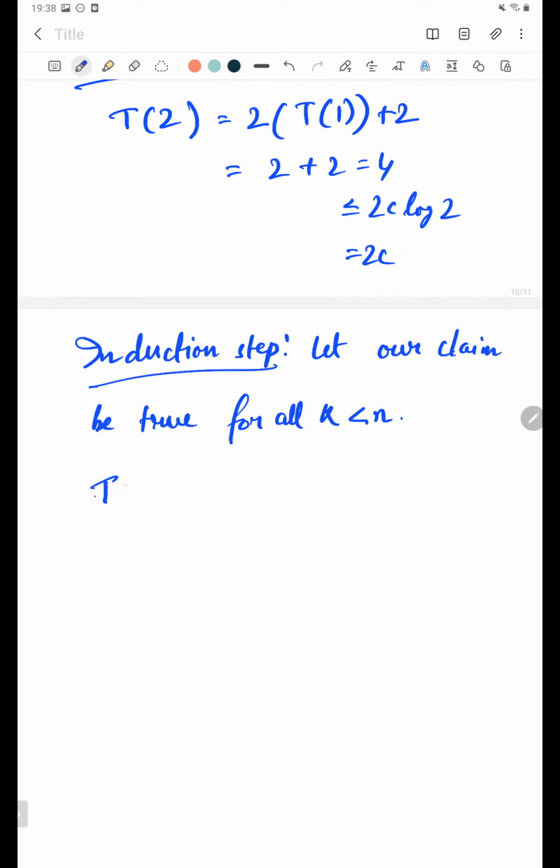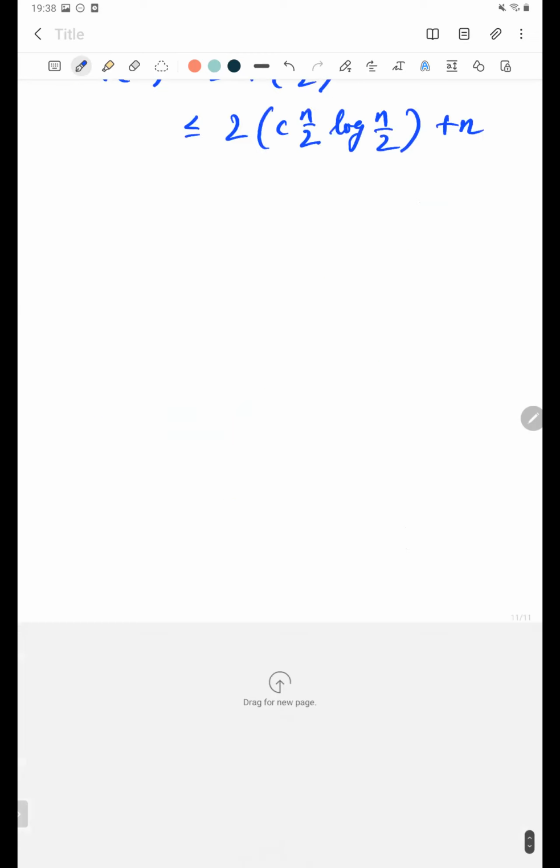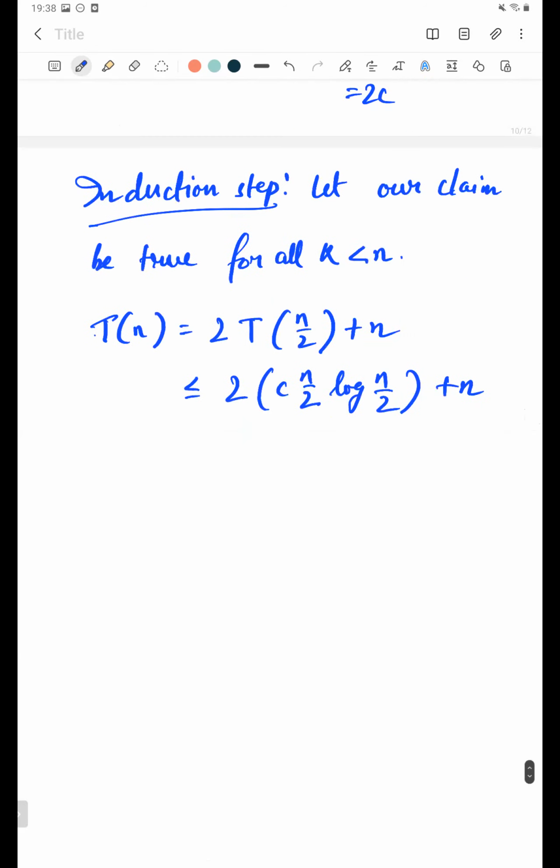Then Tn equals 2T n by 2 plus n. This is less than or equal to 2 into Cn by 2 log n by 2 plus n. And this holds by induction.